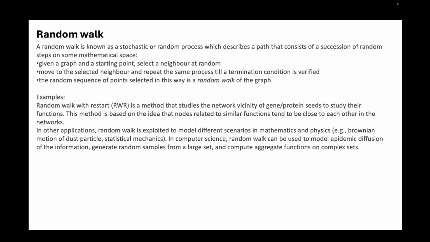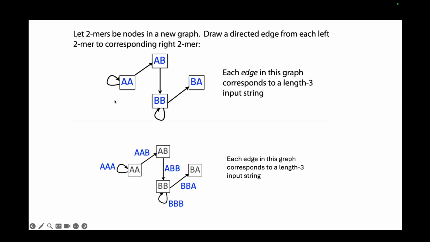Now, before we see how we can get the genome back, one concept we need to understand is, in graph theory, the concept of random walk. It's a random process which describes a path that consists of a succession of random steps on some mathematical space. For a graph, you have a starting point. You select a neighbor at random. So for example, you're starting here.